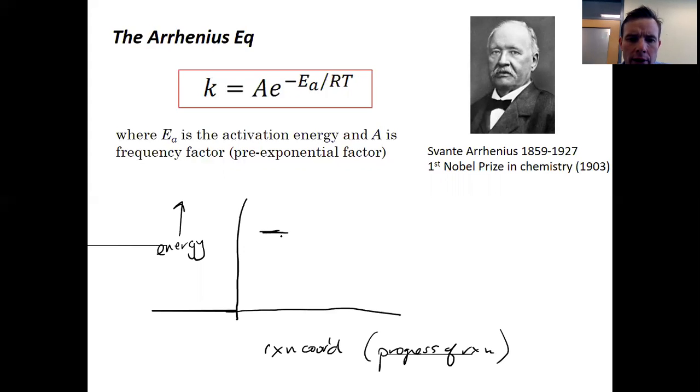So we start up here with our reactants. We end down here with our products. And what Arrhenius said was essentially there was a hill in energy that the reactants had to climb in order to form the products.